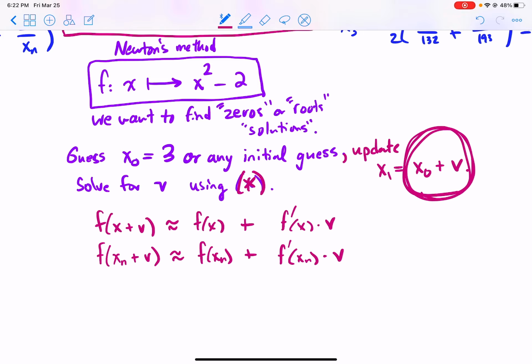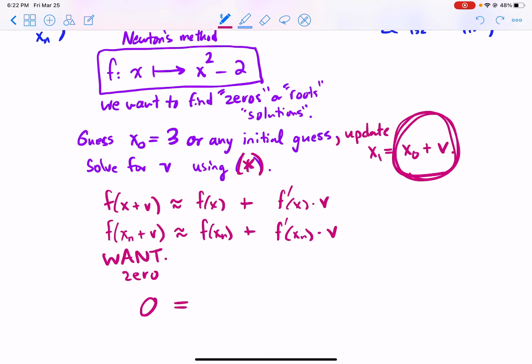And now solve for v. Well, we want this left-hand side to be 0. So 0 equals, now what's f at xn? Well, that's xn squared minus 2.